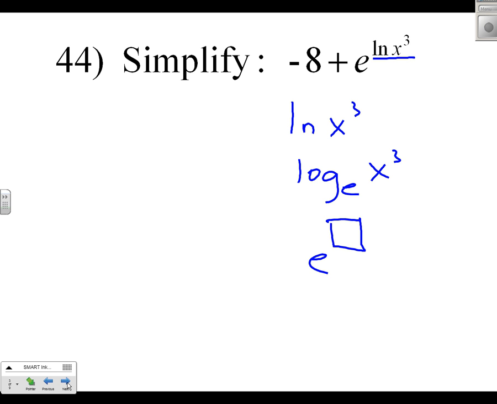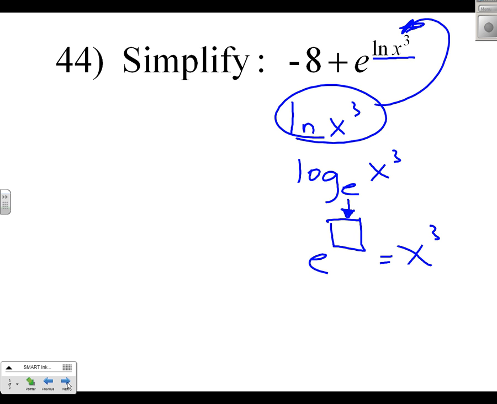It would go right here, if it could find its soulmate, and turn that into x cubed. Well, in this case, lucky this guy found its soulmate. It is an exponent on e, so it's going to turn that e into x cubed.